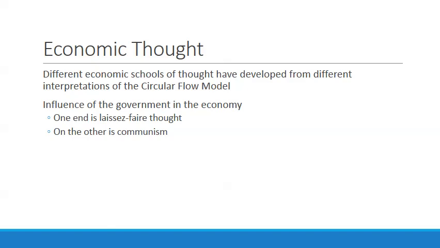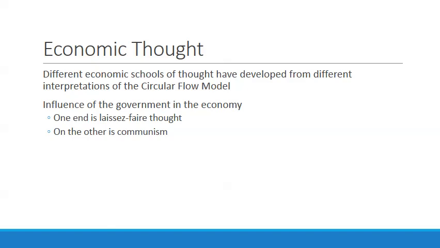On the other end is communism, in which the government controls all aspects of that circular flow model. So what we're looking at is two ends of the spectrum. On the far left, we would have laissez-faire thought, in which government doesn't have any interaction at all. They're not going to do a thing within that market. It's going to flow by itself on the basis of price.